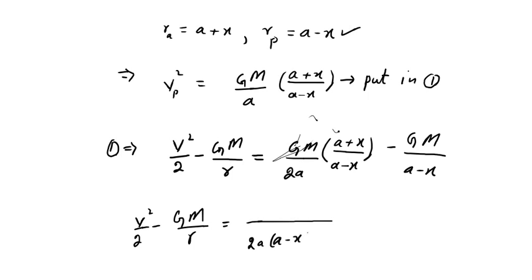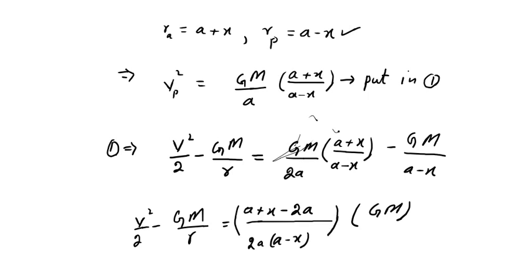This is the LCM. Take GM as common, so it will be easy for us. Now this will be (a plus x) minus 2a, by taking LCM.